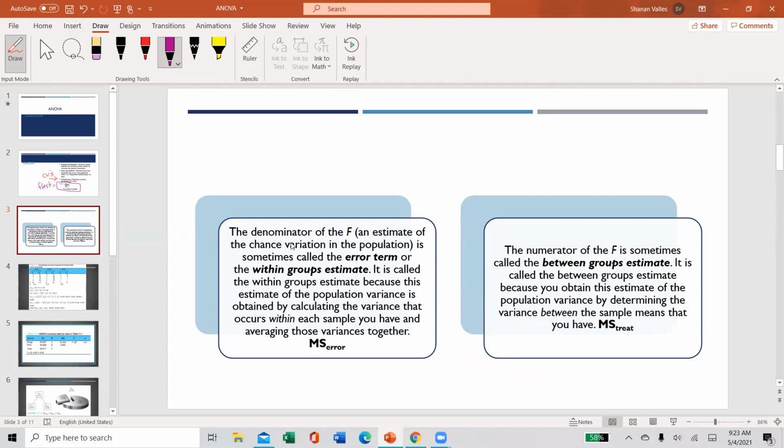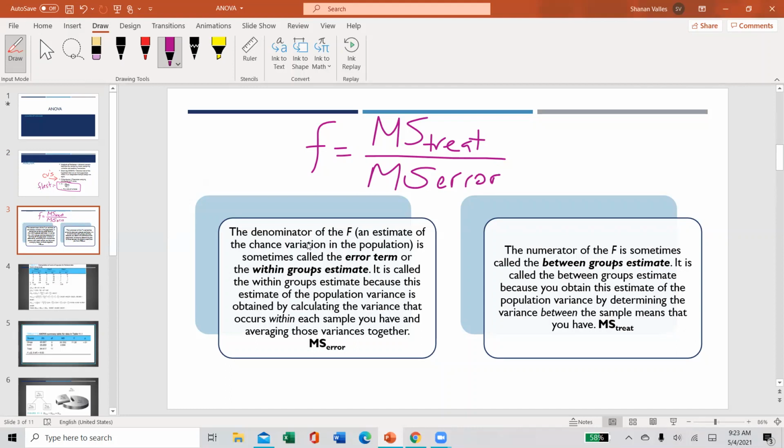First, it talks about the denominator of F, and I'm gonna write it up here. So if you remember, F is equal to MS treat, and that's just short for treatment. The denominator is error and the numerator is treat. I wrote it right, I just didn't say it right.